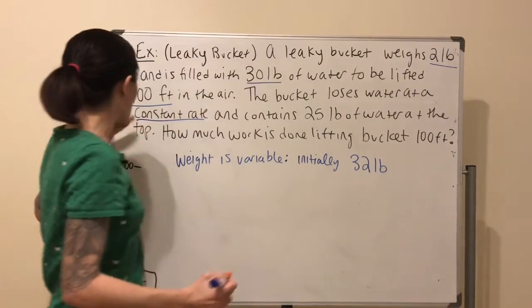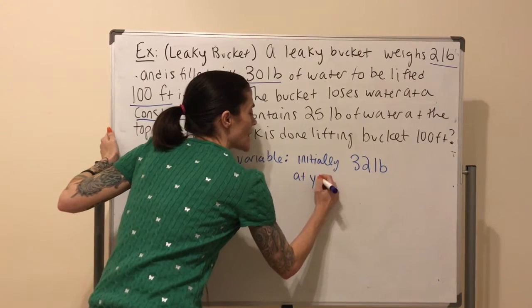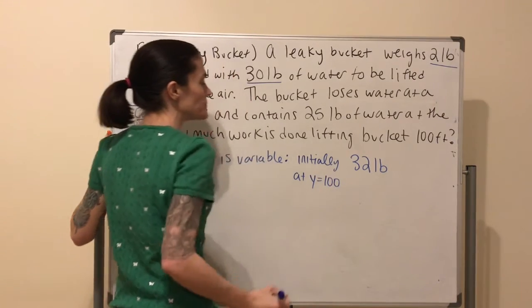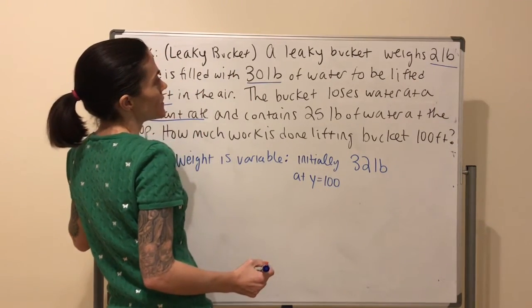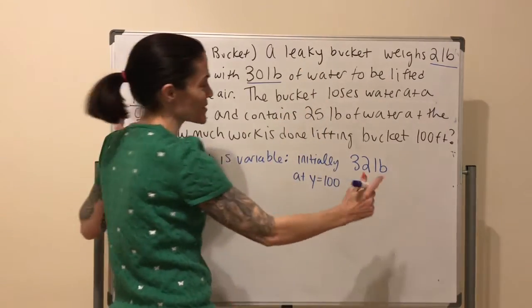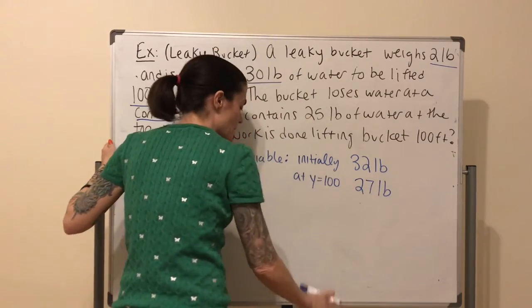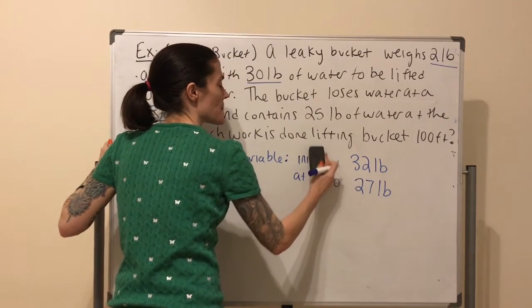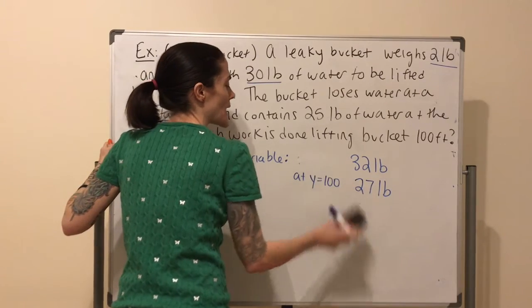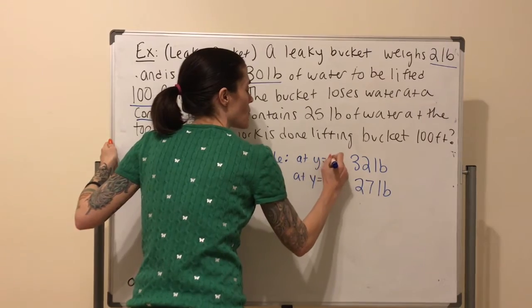And then when I get to the top, so at y equals 100, I have 25 pounds of the water, 2 pounds for the bucket, so I have 27 pounds. And maybe instead of writing initially, I will write at y equals 0, because this is what I am.